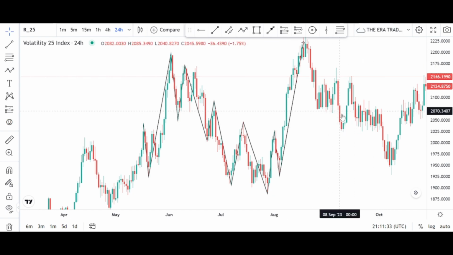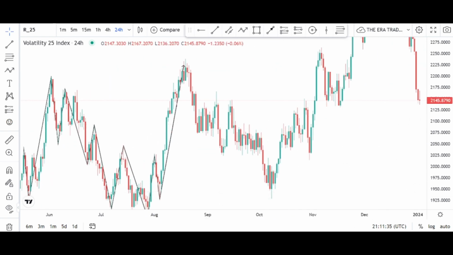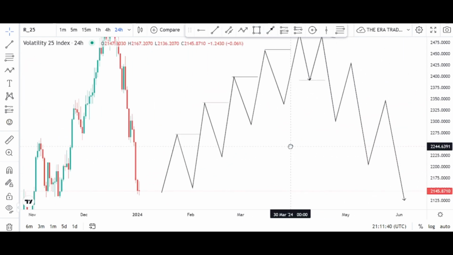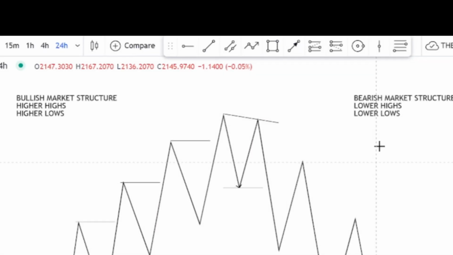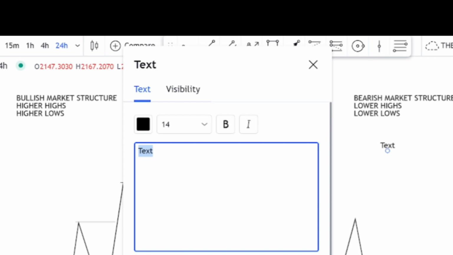So you need to go to your chart to note these things. All right, and also let's take note of that. We use candle wicks to mark structure.